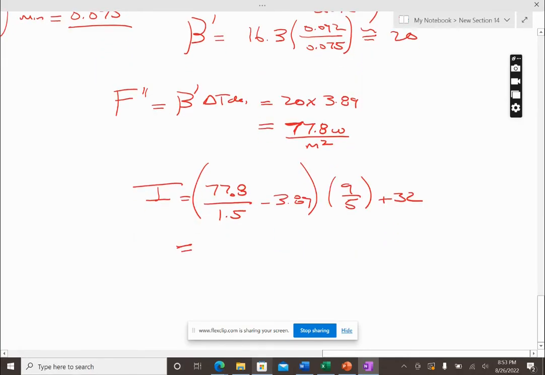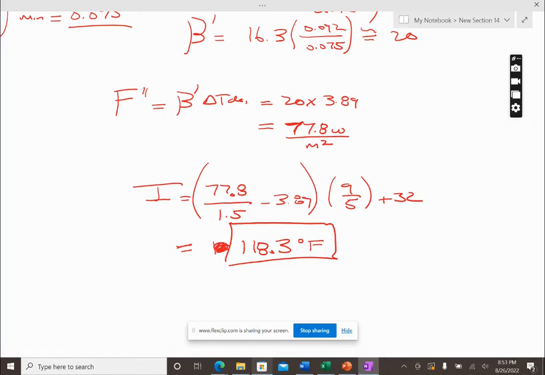And what we end up getting when we do this is about 118.3 degrees Fahrenheit. So notice it's about an 18-degree increase if we take the relatively minimum proportions, not the absolute minimum, because that would be at the outer perimeter of the slab. But this is interesting how it works.